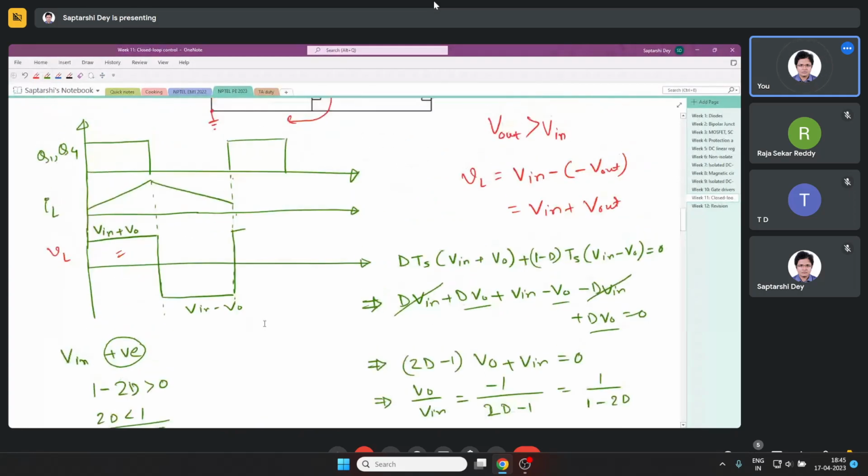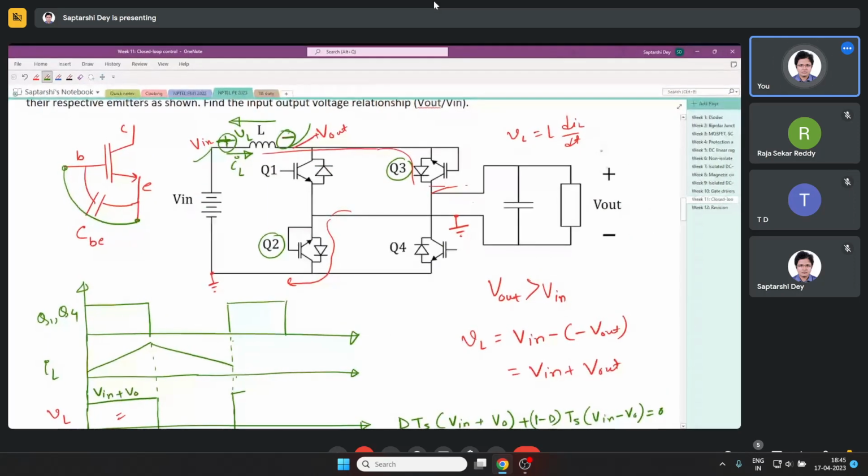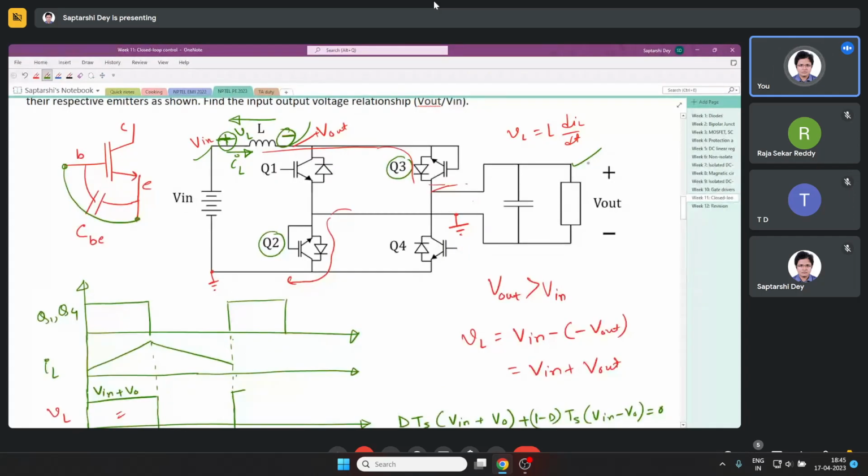So basically, with this polarity, if I say output voltage is positive, that means this is at higher potential. If I have a duty ratio less than 0.5, I will have a positive output voltage, meaning this A will be at higher potential. And if I have duty ratio more than 0.5, it will reverse.